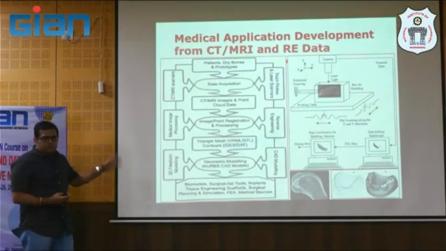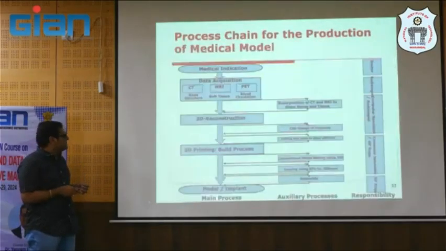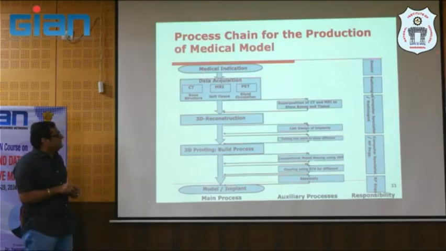Once you reproduce your body part, you can make use of any one of these applications. So in summary, let's see the cycle here. The patient is the start point.